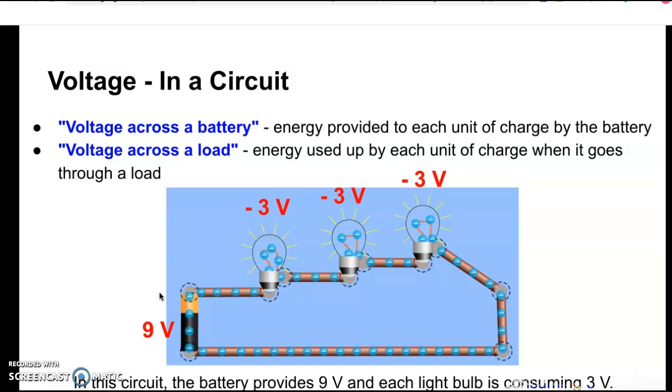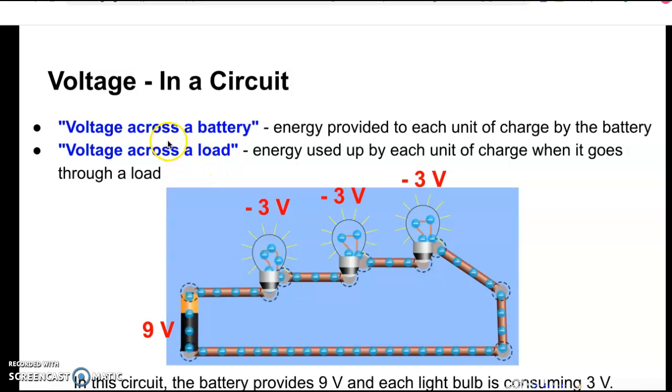So the language we use to describe this is voltage across a battery. Okay, voltage across a battery. That's the energy provided to each unit of charge by the battery. And then we say voltage across a load. And that's the energy used up by each unit of charge when it goes through a load.